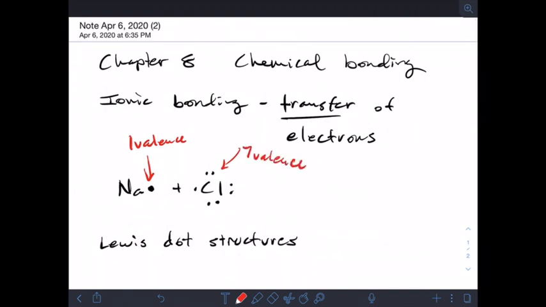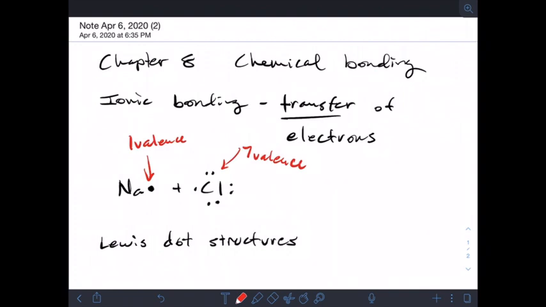Okay, so when sodium and chlorine get together, and we've kind of already talked about the desire for elements to become like a noble gas, to have the same electron configuration as a noble gas. What happens is that if sodium loses 1 electron, it becomes just like a noble gas, or the same electron configuration as a noble gas.